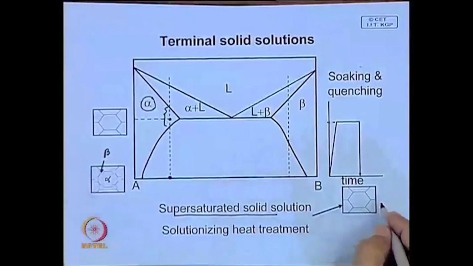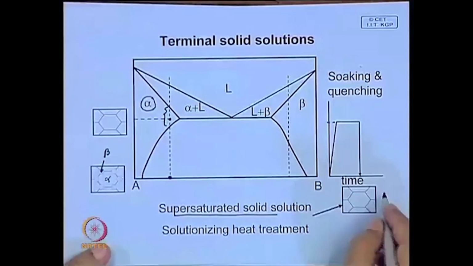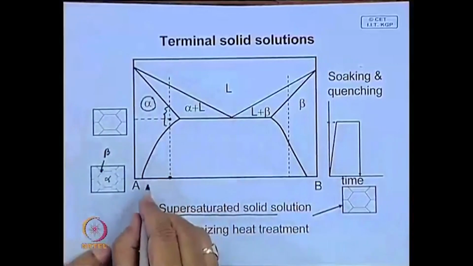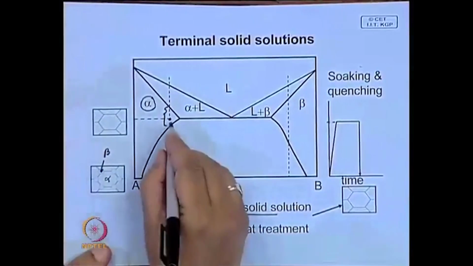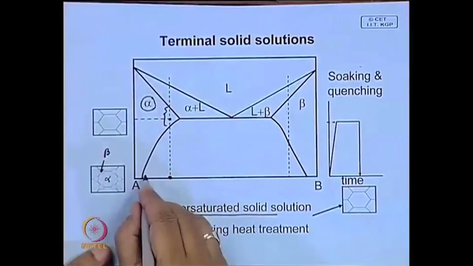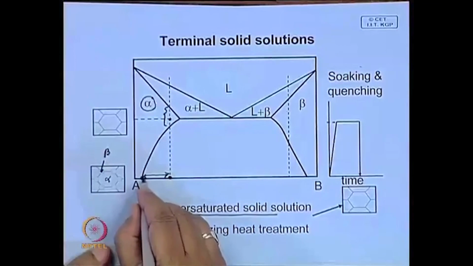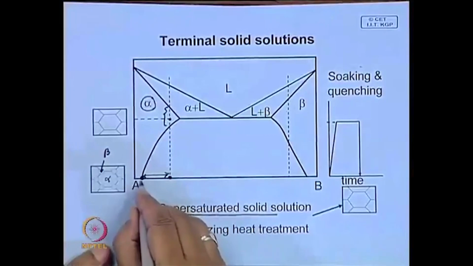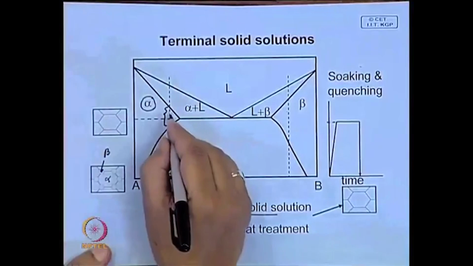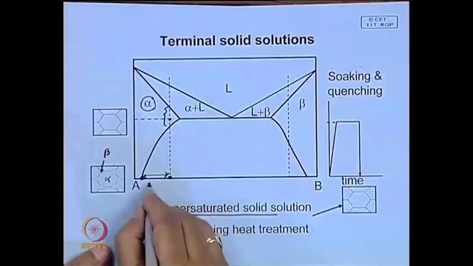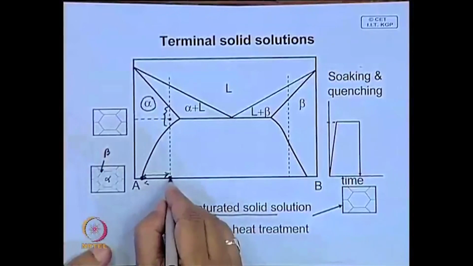So, what does supersaturation mean? It means by force you are keeping a large amount of solute in the structure. Something like this: this is the equilibrium, this is the solubility limit at room temperature, let us say, and by force we are keeping this amount of solute.